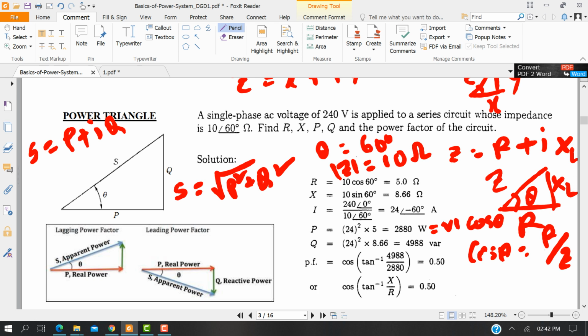And Q equals VI sin theta. You see the unit of P is watt and the unit of Q is var. Power factor is just cos 60 degrees.